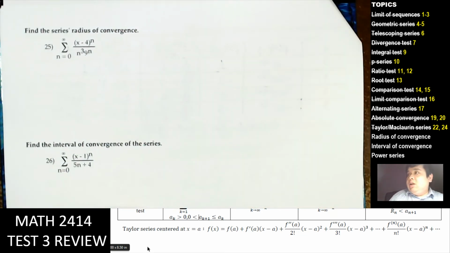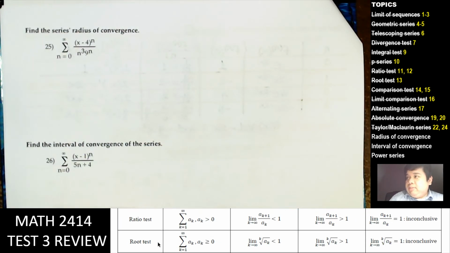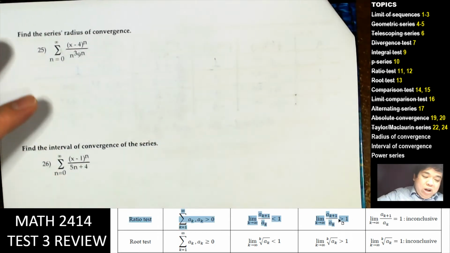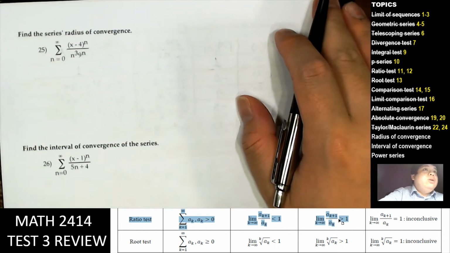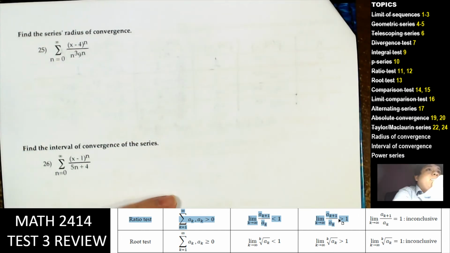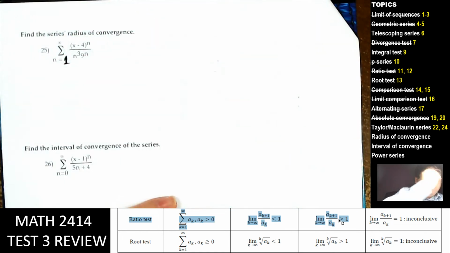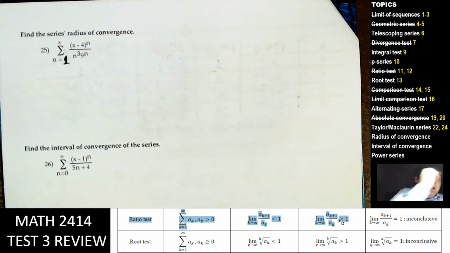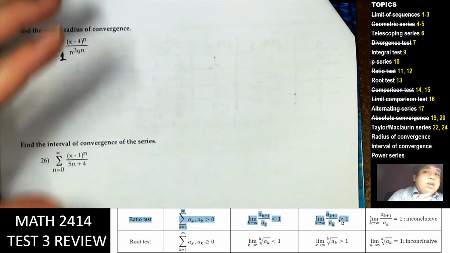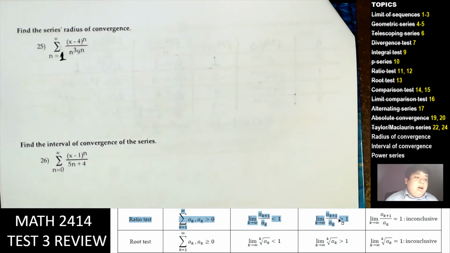For the radius of convergence, we're going to use the ratio test for this kind of problem. Right, the ratio test. So let's take the ratio. By the way, this should be n equal to 1, otherwise it is undefined here. Notice that in this series now, we have an x.